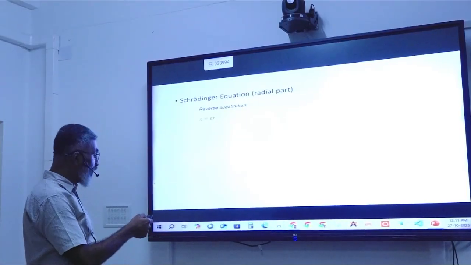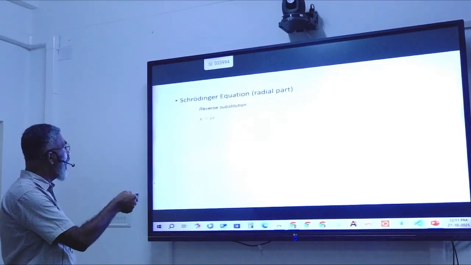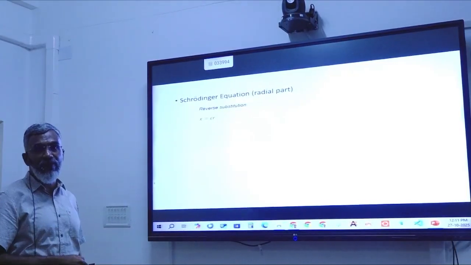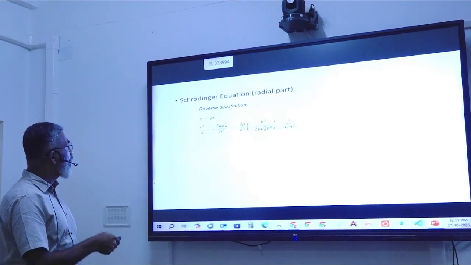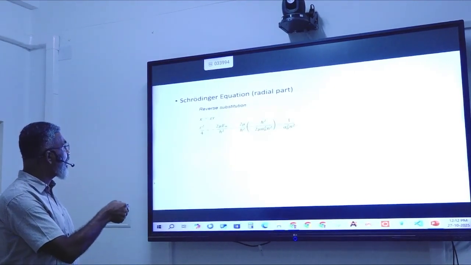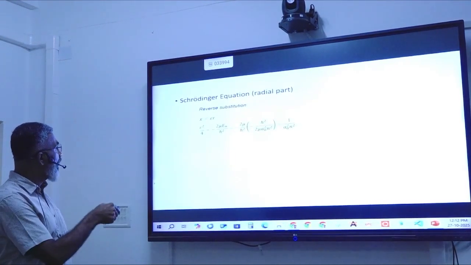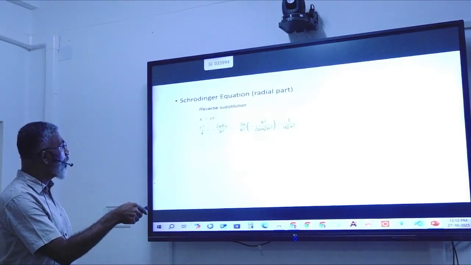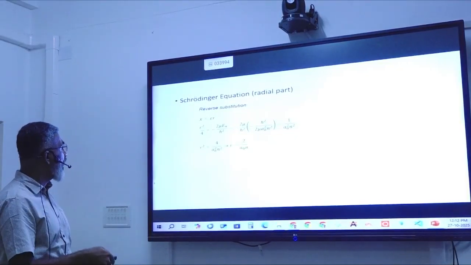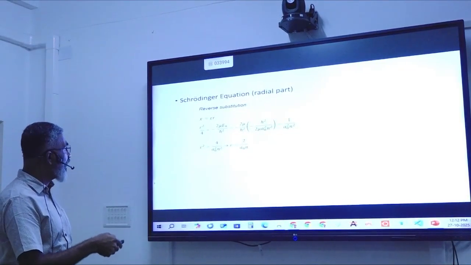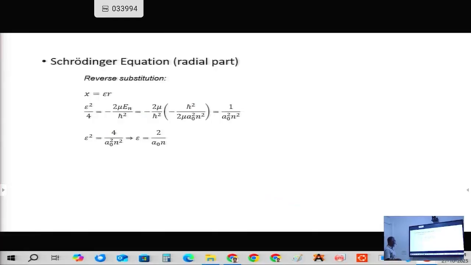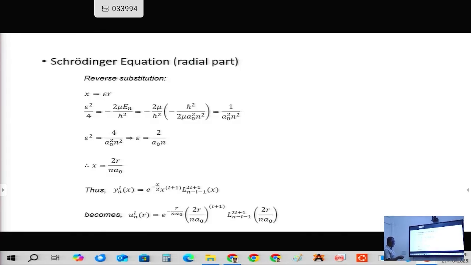So you need to do all the reverse substitution, where the last substitution we did was x equal to epsilon r. If you do that, you get this term. Epsilon square by 4 is 1 by a naught square n square, and epsilon square is 2 by a naught n. So x is 2r by n a0, and you get this form.